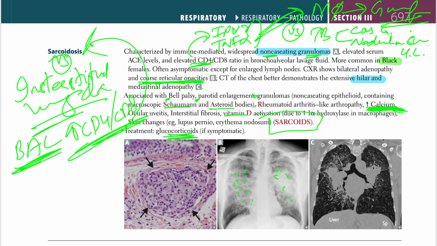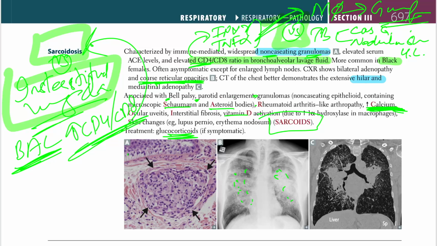So BAL, which is right here, bronchoalveolar lavage, let me just highlight this thing. So this would differentiate all the interstitial lung diseases versus sarcoidosis. And sarcoidosis also looks like tuberculosis, so you can differentiate through that.